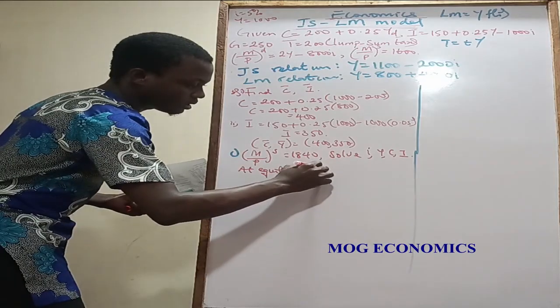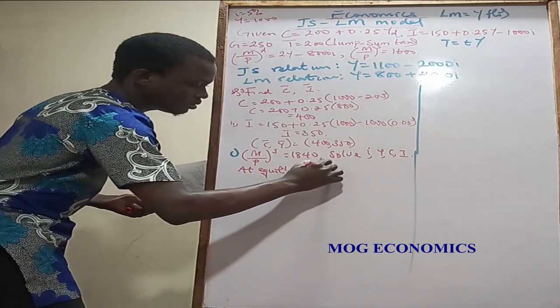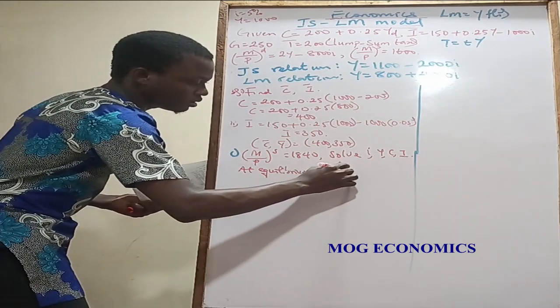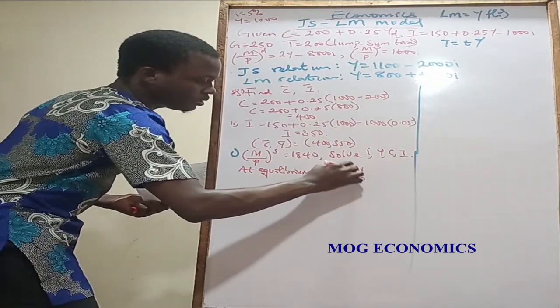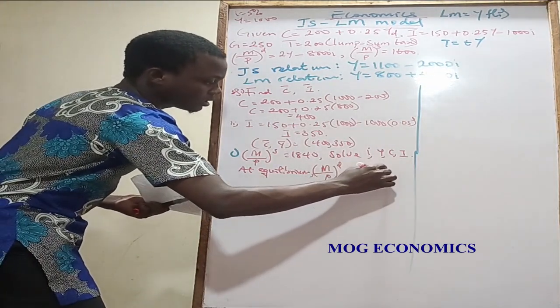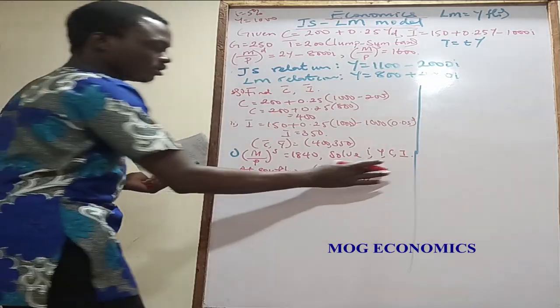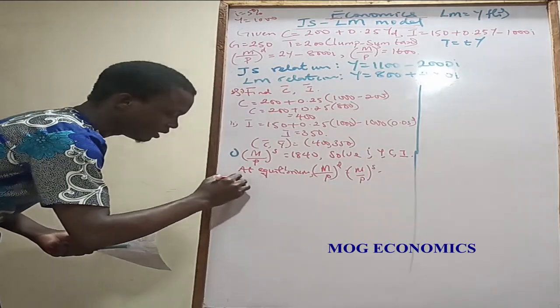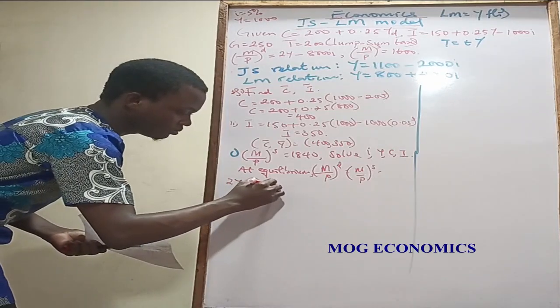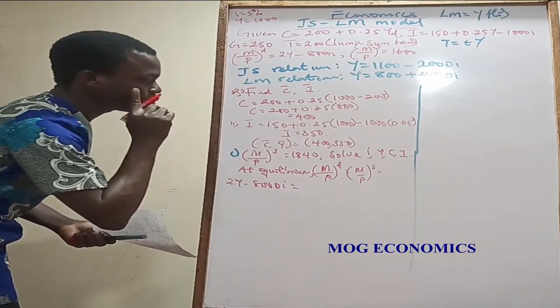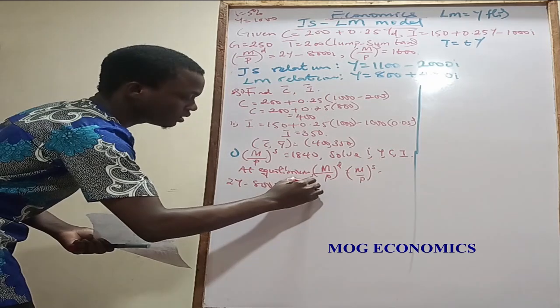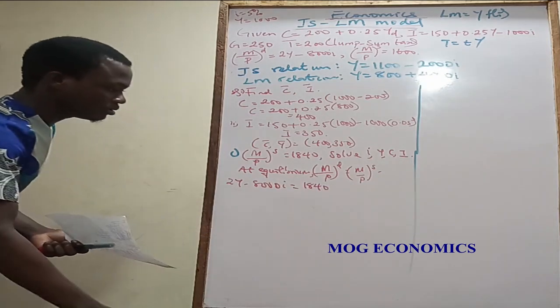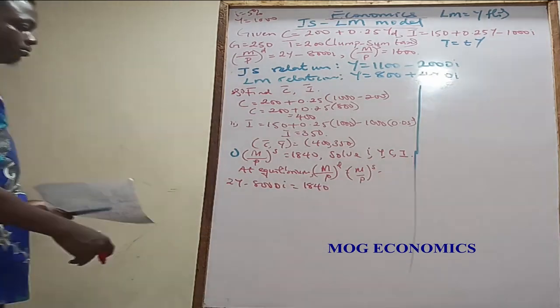So we know that M over P D equals M over P S. In this case, M over P D, 2Y minus 8,000 I, is now going to be equal to 1,840.